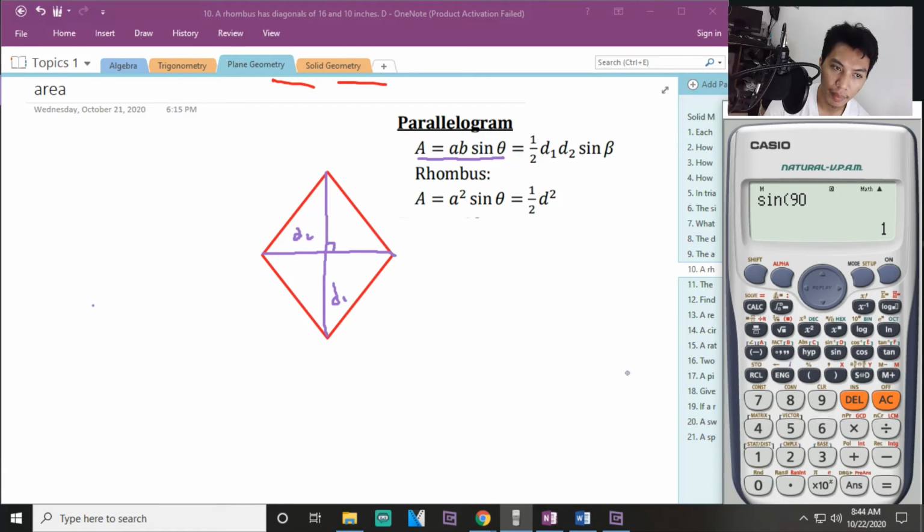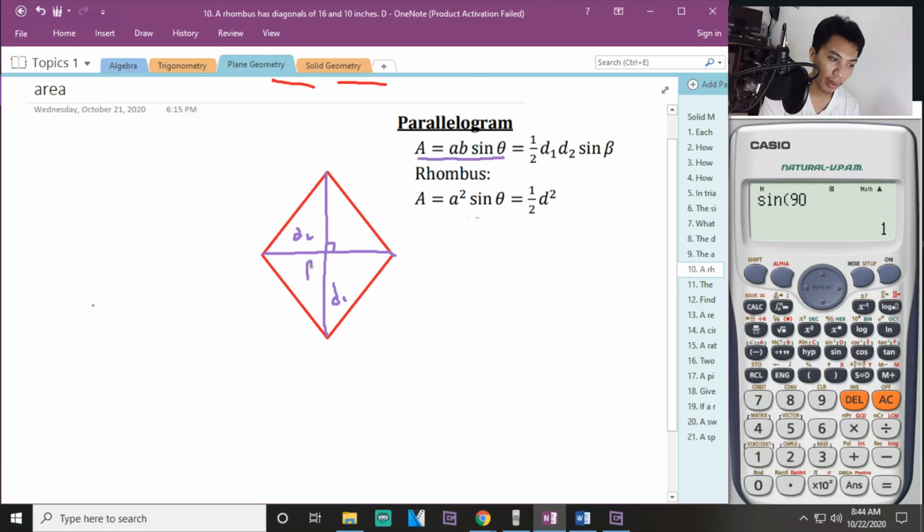Ngayon naman, kapag diagonal naman ang pagbabasihan mo, ito yung beta. 1/2 diagonal 1, diagonal 2, sin beta. But beta here is 90 degrees also. Kapag rhombus. Kaya naging ganito. Okay? 1/2 D1 times D2. That is for a rhombus.